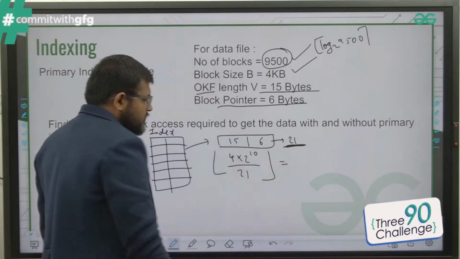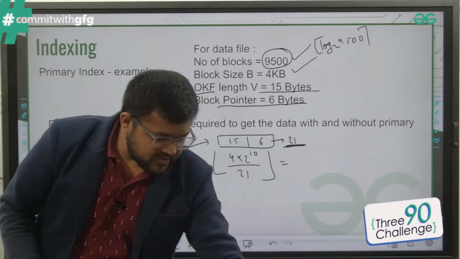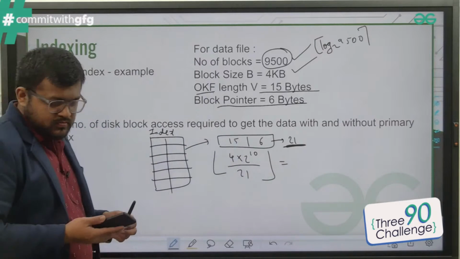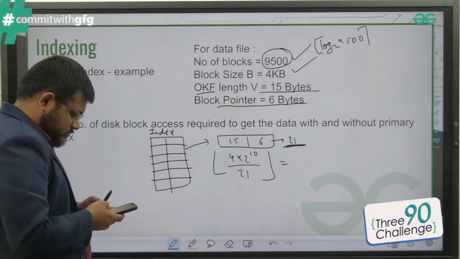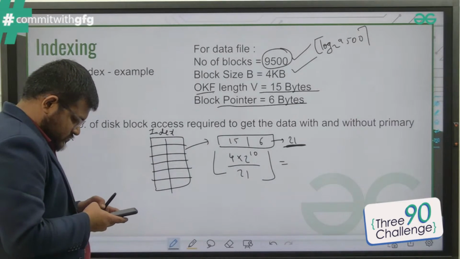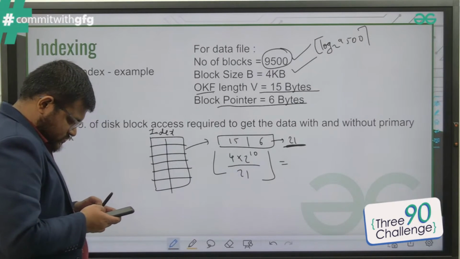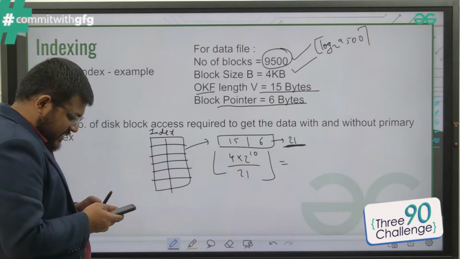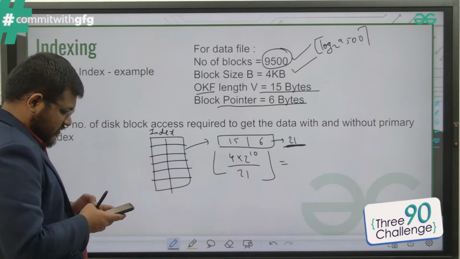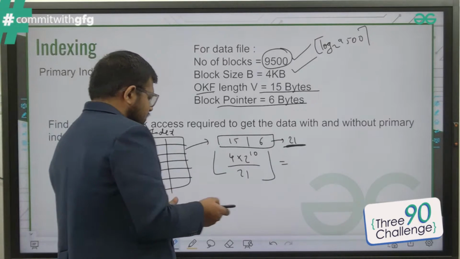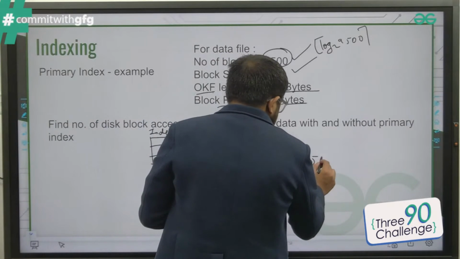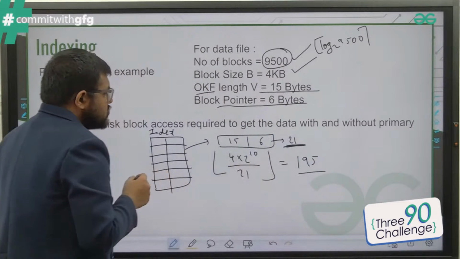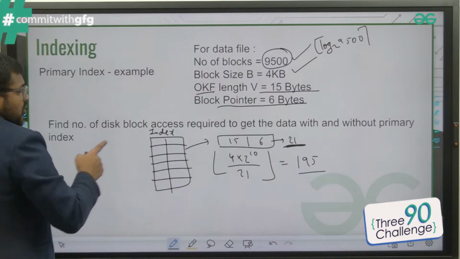We call this the blocking factor also. This will be 4096 divided by 21. It will be 195 point something, so this will be 195. So in one block, I can store 195 records of the index file.